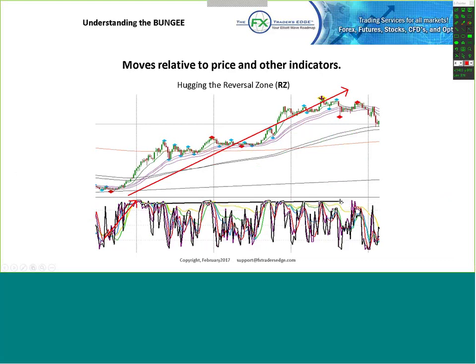When you see that yellow bungee staying near the top, not coming down very far, you need to be trading these snapbacks, breakout threes. You need to be looking for the new highs. Yeah, they're all valid wavy tunnel trades, either on the current time frame or one higher or one lower. They'll all be there somewhere. Breakout threes usually.